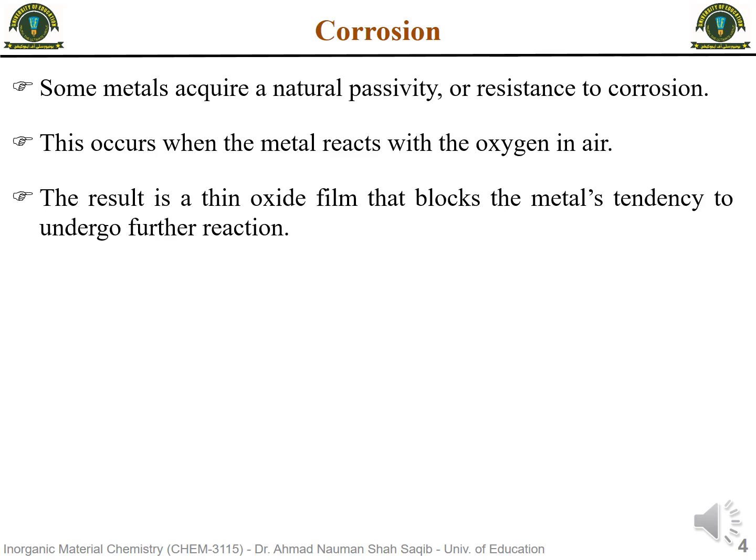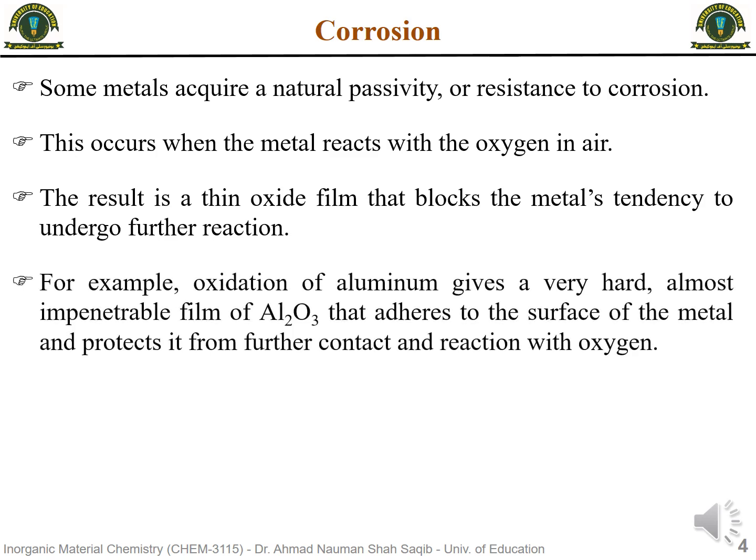So an example which we also see in the animation is that oxidation of aluminium mostly results in the formation of aluminum oxide, जो कि resistant होती है काफ़ी, and that it doesn't react.